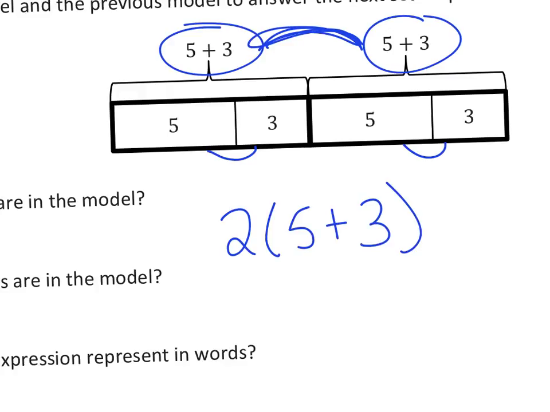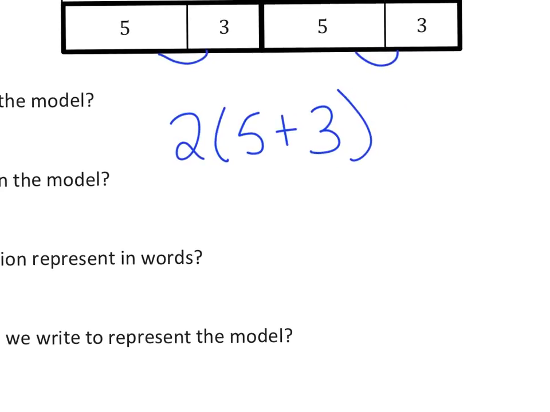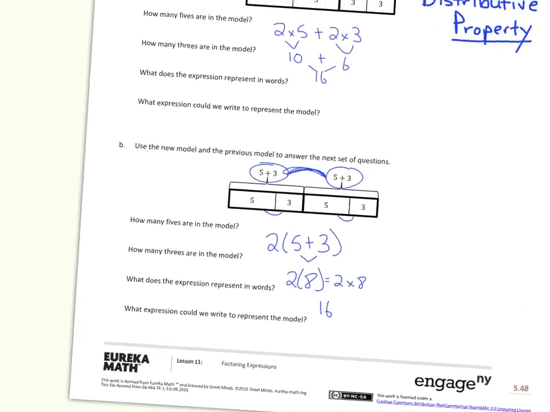Now according to PEMDAS, if I'm going to solve this, the first thing I'm going to do is 5 plus 3, which is 8. And then I still have my 2 out here. So this, of course, is the same as 2 times 8. That's what 2 parentheses 8 are, which, of course, is 16. So we do see that they have the same value.